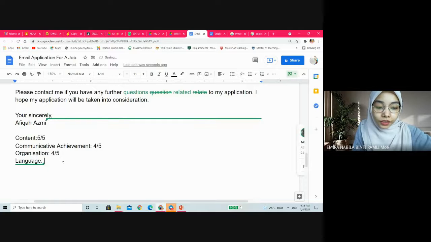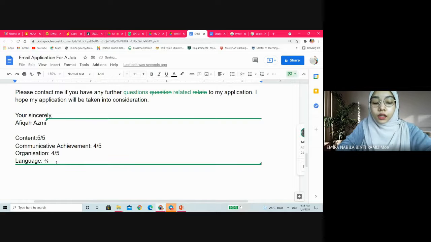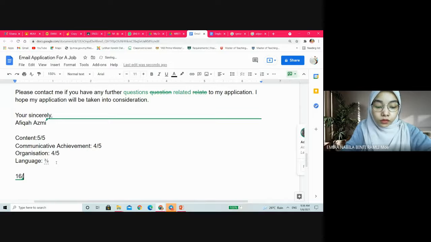And then language, 3 out of 5 or 4 out of 5. I think the SPM examiner will give you 4 out of 5. But I'm giving 3 right now so that you will improve further. Okay, so this is your mark. 5, 4, okay, 9, 4, 13, 14, 15, 16. 16 out of 20. I hope I counted that correctly. Okay, 16 out of 20. Afika Azmi, there needs to be some improvement.